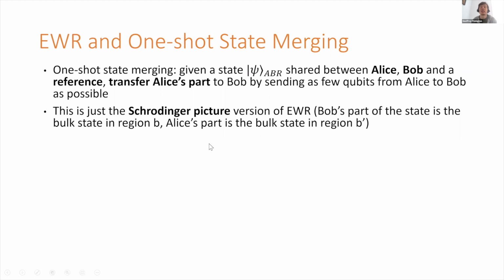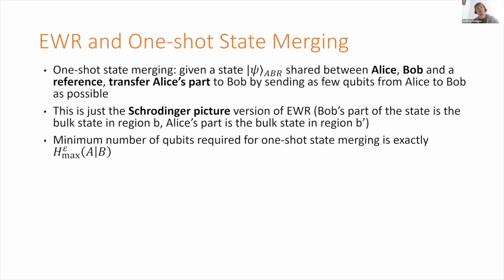Alice's part of the state is the bulk state in region little b prime, the stuff in the center that Bob receives maybe some noisy information about, but doesn't necessarily learn everything. And the aim is to get Alice's part of the state over to Bob, i.e. to have region big B be able to construct this bulk state in region little b prime.